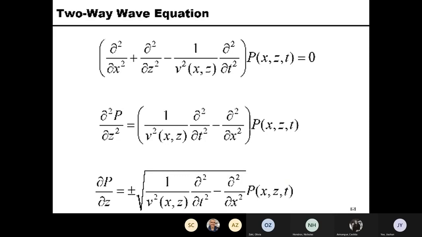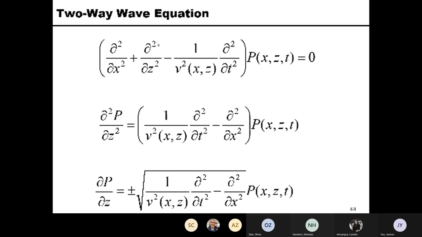As I said, I try to give you the physical meaning. What he did: he took the original wave equation, where the Laplacian for the two-dimensional case becomes the second order derivative with respect to x plus the second order derivative with respect to z. If it was three-dimensional, you would have a derivative with respect to y too, but here we just have x and z.